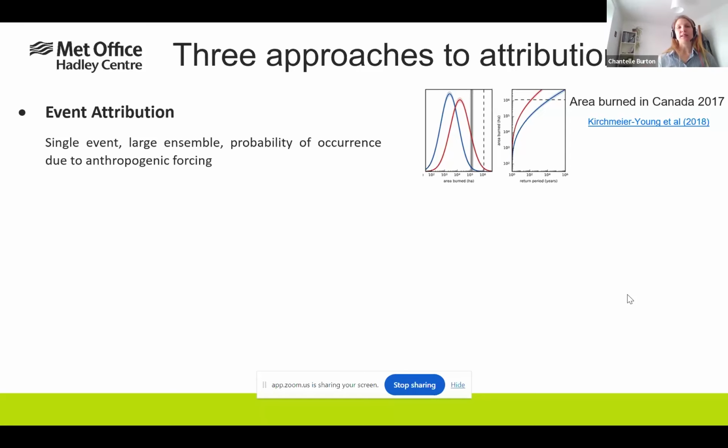So you've got different realizations of the weather. Your uncertainty therefore comes from natural variability. And the question that you're trying to answer is around what's the change in probability or magnitude of a specific extreme event due to anthropogenic forcing.